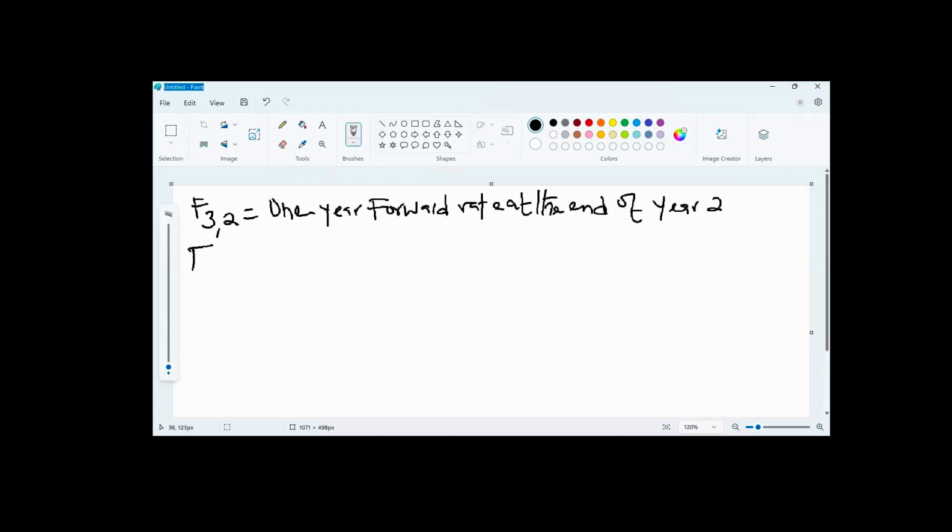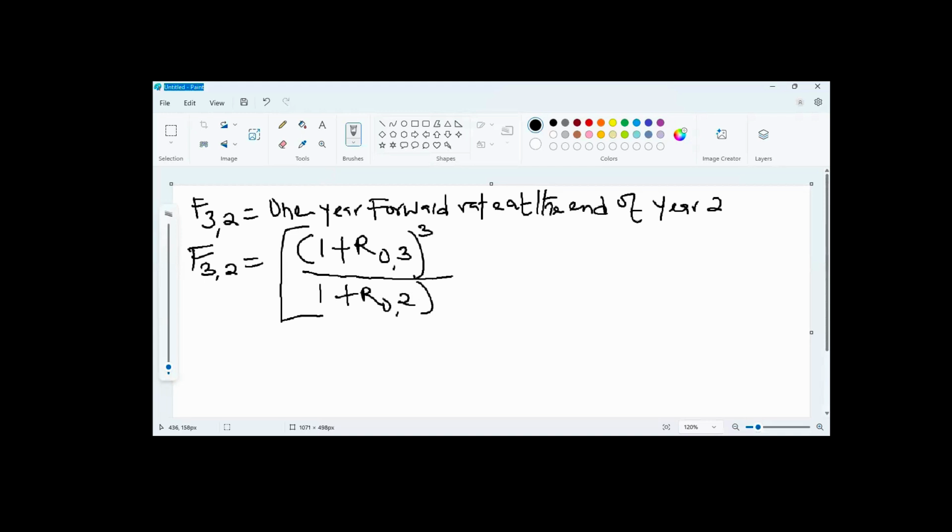Our F3,2 is defined as calculation like this. 1 plus R0,3, this 3 is for n, raised to power 3, divided by 1 plus R0,2 raised to power 2.